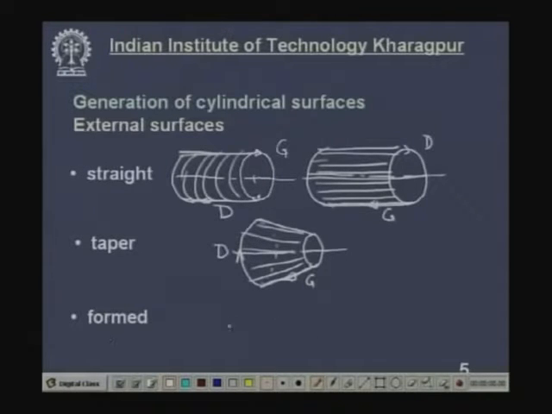Now, formed. This is an axis, and you take a line like this, and you rotate this line around this axis, and then what will happen? This will form like this.